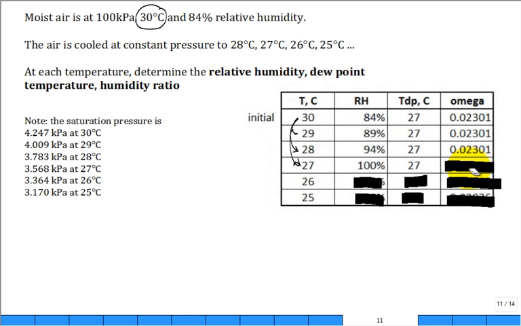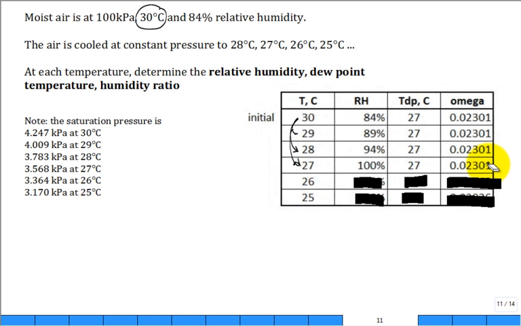And who would like to do omega? Unchanged. Now we're getting to something now because we hit the dew point. If you go lower, if you drop the temperature, what will happen to some of the water vapor in the moist air mixture? It will turn into liquid and condense.